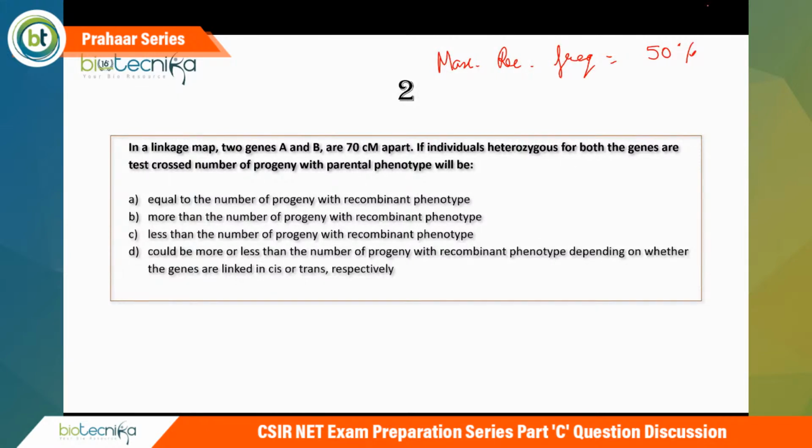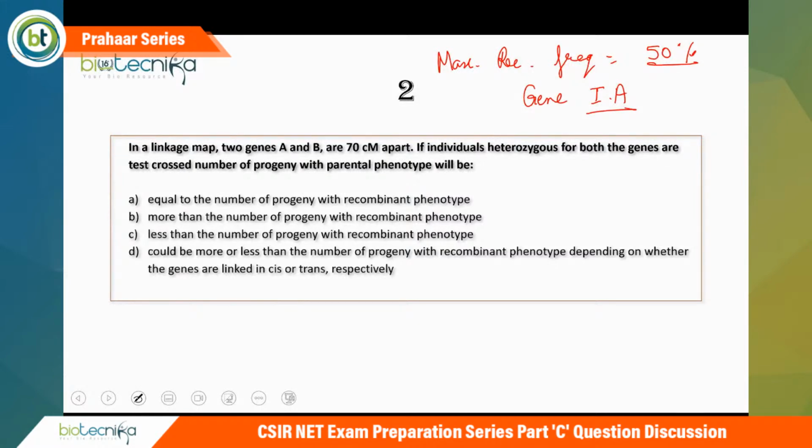As soon as it reaches 50%, we cannot associate it with linkage. We cannot tell exactly whether the genes are present on the same chromosome or on different chromosomes. Why? Because once the recombination frequency becomes 50%, the genes are independently assorting.